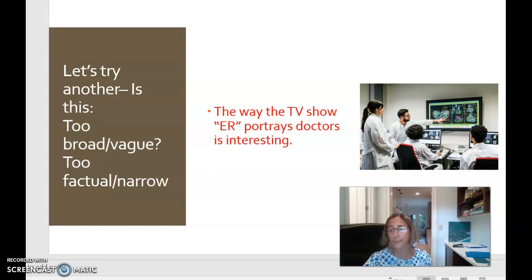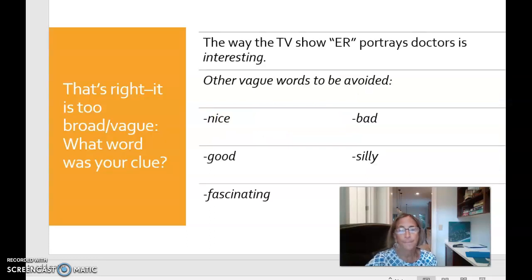Here's another example, a very different topic. The way the TV show ER portrays doctors is interesting. So again, we have to ask ourselves the question, is this too broad or too vague? Is it too factual or too narrow? Yes, obviously, this is much too broad and too vague.